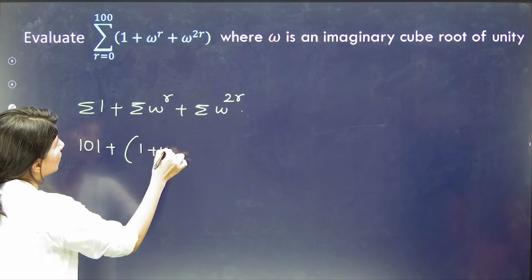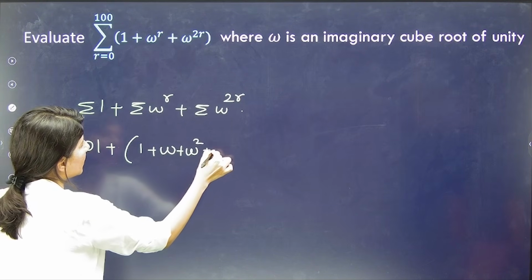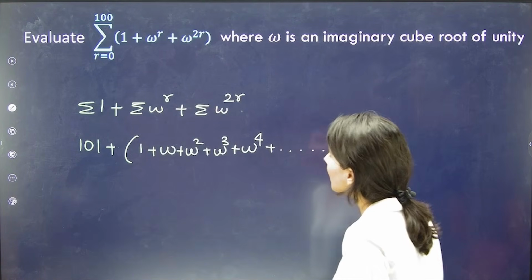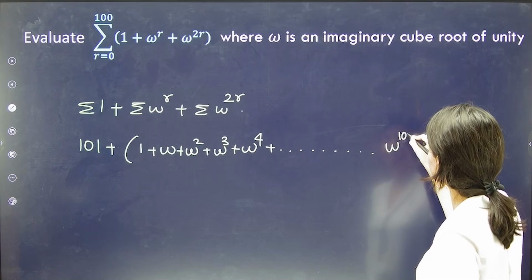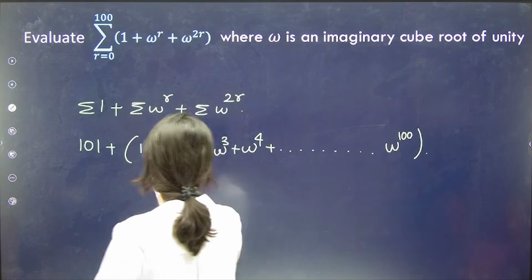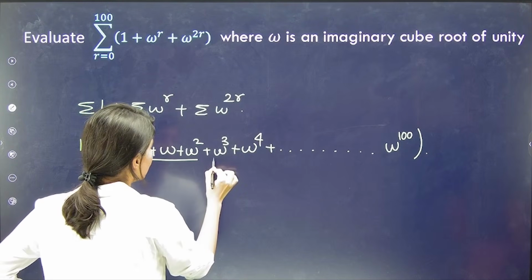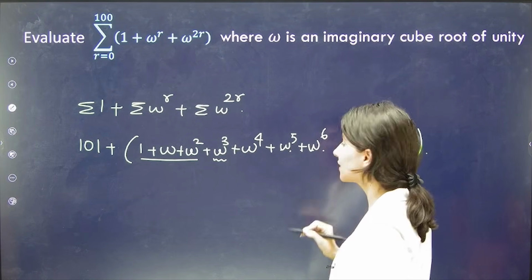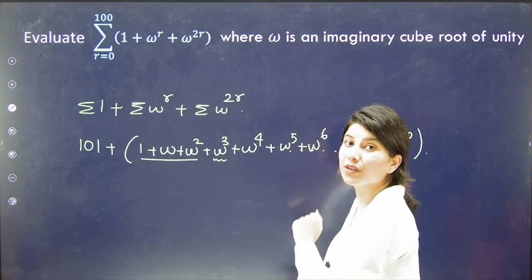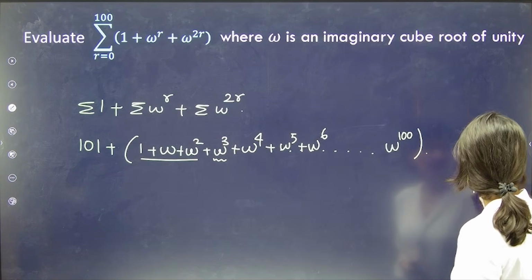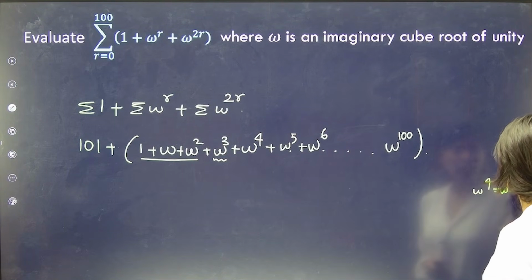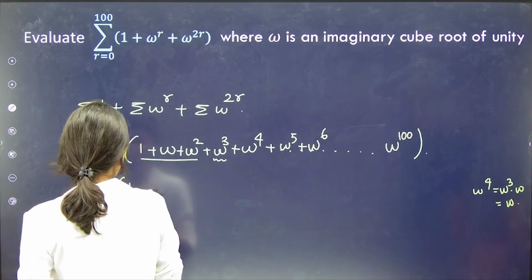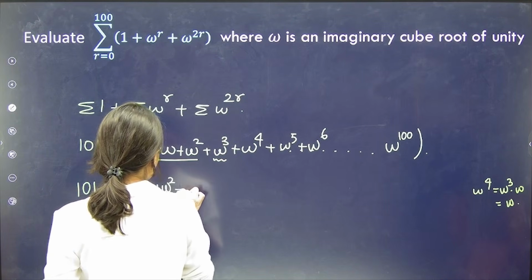for r equals 0 to 100: 1 plus omega plus omega square plus omega cube plus omega power 4 and all the way up to omega power 100. Okay, 1 plus omega plus omega square is 0. Omega cube is 1. Then omega power 4, omega power 5, omega power 6. Omega power 4 is omega cube times omega, so omega only.